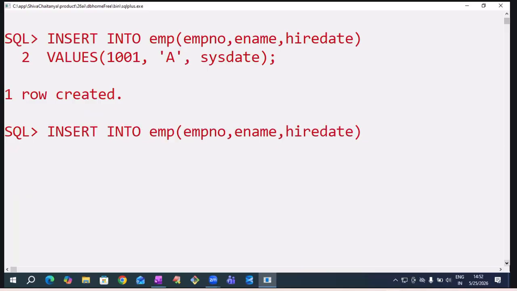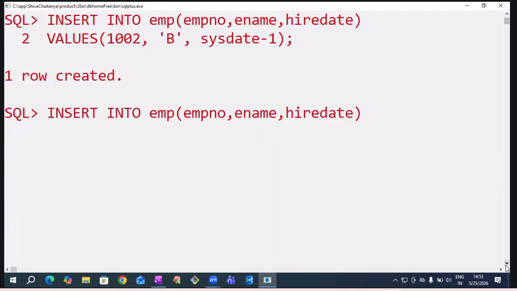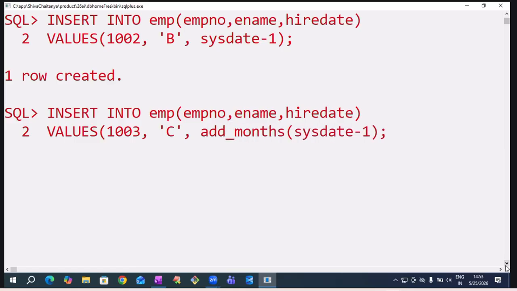Next, assume this employee joined yesterday. I want to insert yesterday's date. So 1002, B, sys date minus 1. Yesterday's date. Okay. This employee joined 1 month ago. 1003, C, add months of sys date comma minus 1. 1 month ago date.